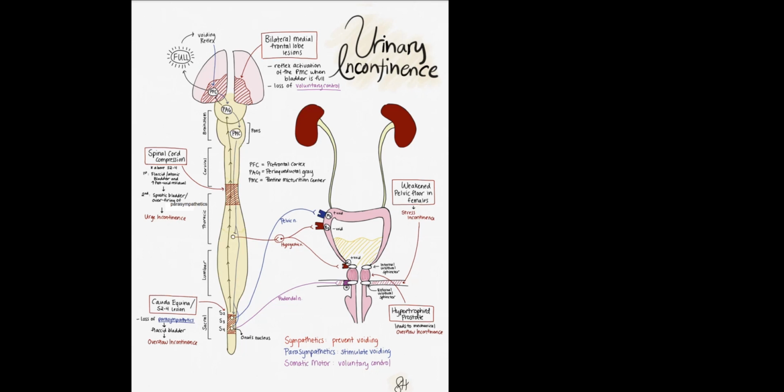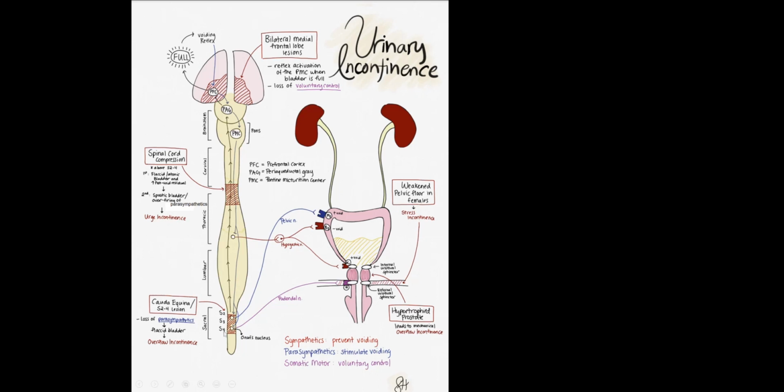So what needs to happen then to void is we need a descending signal here to inhibit the sympathetics, and right, the sympathetics are trying to prevent voiding. So if we inhibit the sympathetics, we lose that inhibition on the detrusor muscle, we lose that constriction on the internal urethral sphincter. And along with that, this descending pathway will activate the parasympathetics here, so now out through the pelvic nerve to stimulate these muscarinic receptors on the detrusor muscle so it contracts.